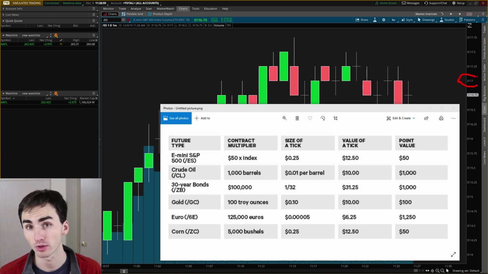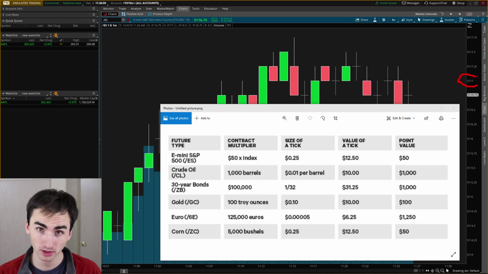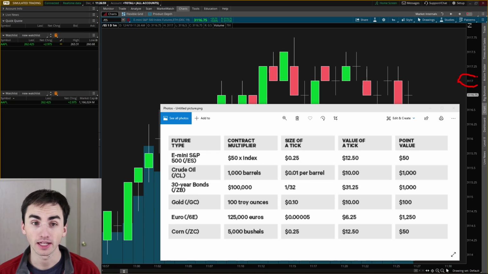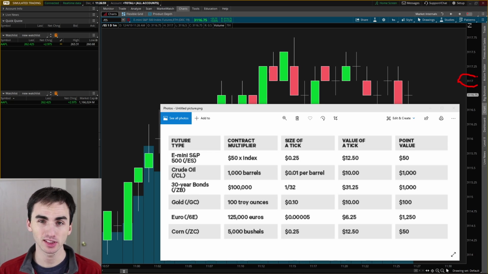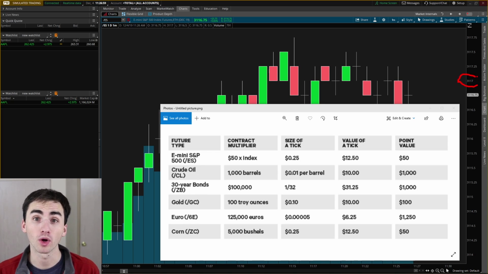It's actually just going to require a certain amount of margin, which we'll get into a little bit later. And then every time the value of the futures goes up, it actually doesn't increase by that numeric value either. So when a stock or a share goes up $1, the price of your position would go up $1 for every share you have. It doesn't work like that for futures.